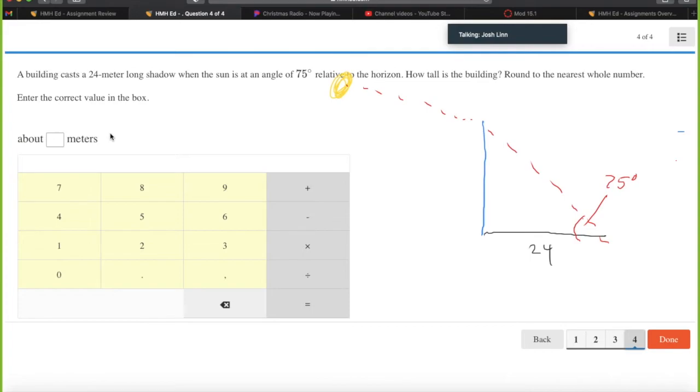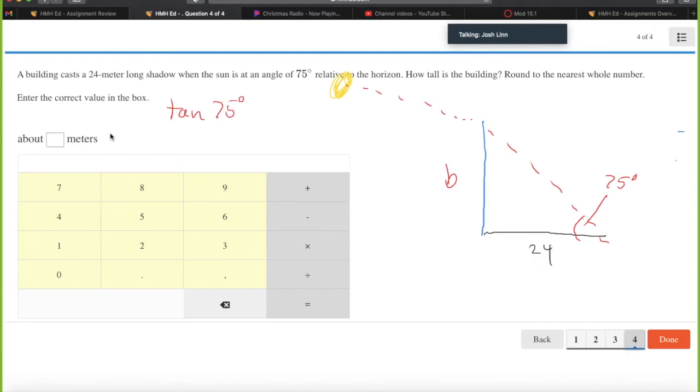We'll say b for building. So we need to find b. We have the angle, we have the adjacent, and we're looking for the opposite. So we need a trig function that has opposite and adjacent. Which one is that going to be? If you said tangent, you are correct.